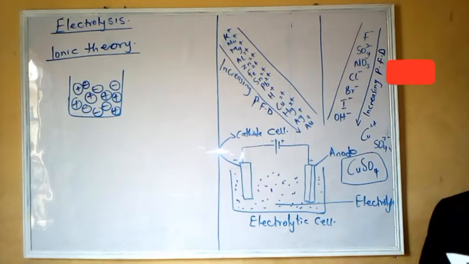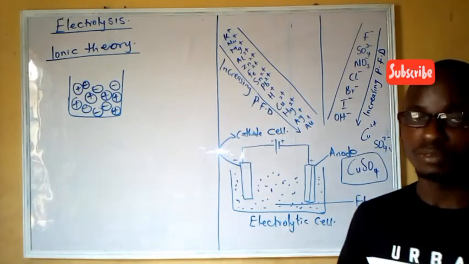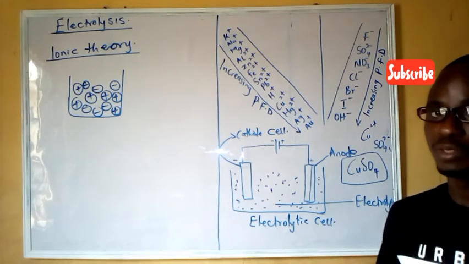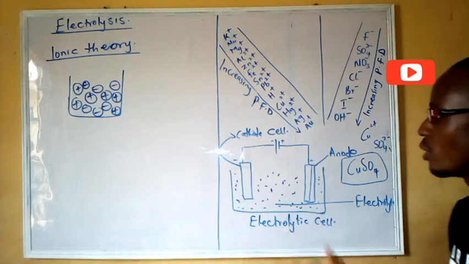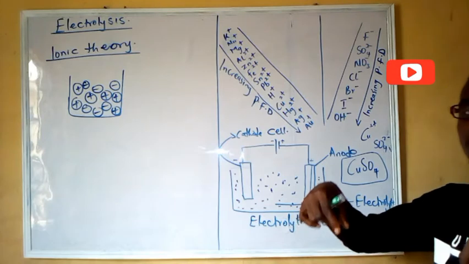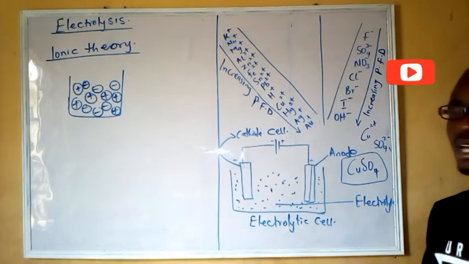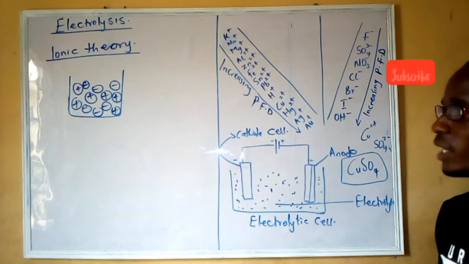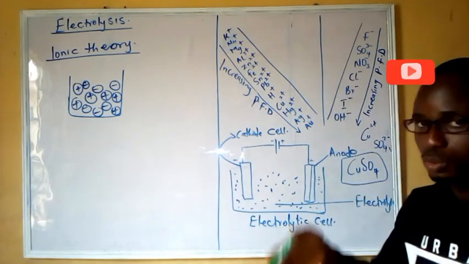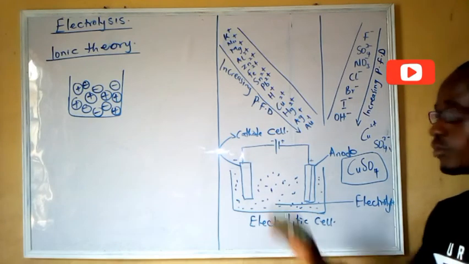The ionic theory already explains to us that the ions of this substance gain free movement once dissolved in water, or once molten if it is a material that can be melted. Now, in the process of performing electrolysis, the rod, which is the electrode, the metal rod, is inserted into the solution. And don't forget that what is going on in the solution earlier is that the ions have free movement. So immediately the electrode is introduced into the solution, we have the positive electrode and the negative electrode.